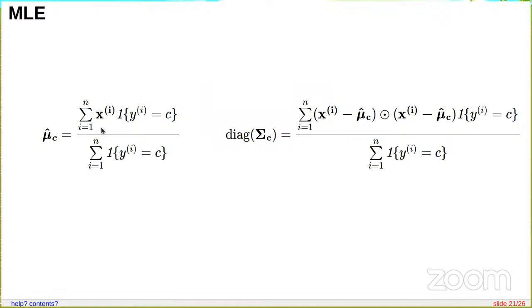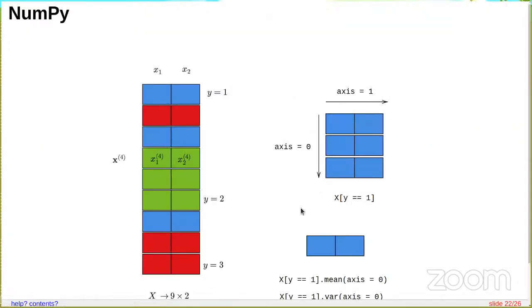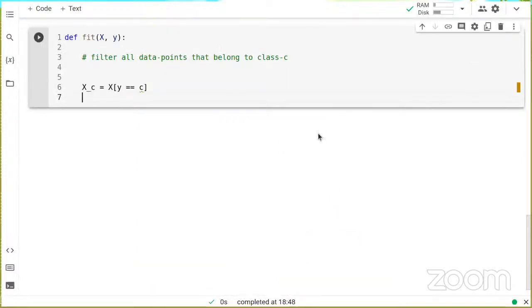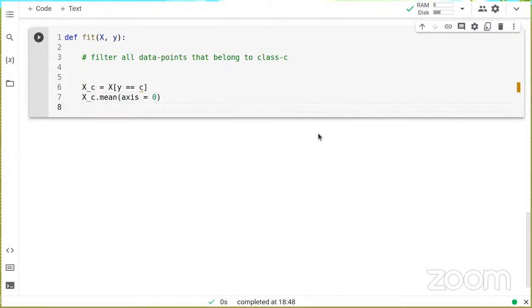I just need to sum them across axis 0, not across axis 1, because I want the sum of the rows in some sense. So I'll do x_c.mean(axis=0).